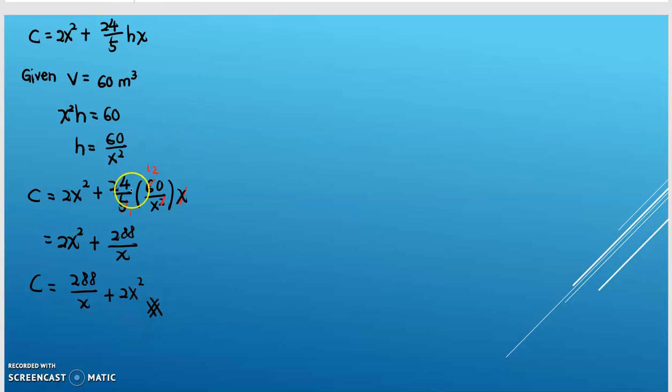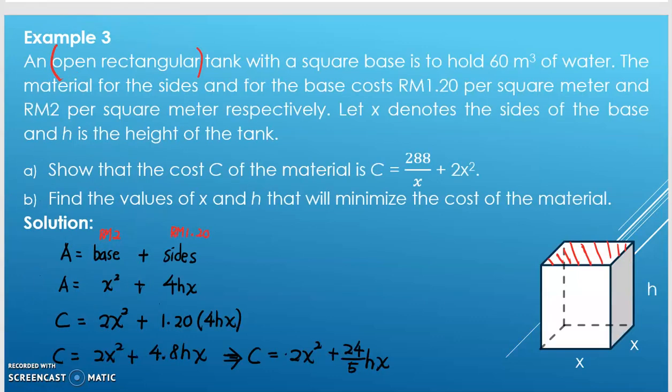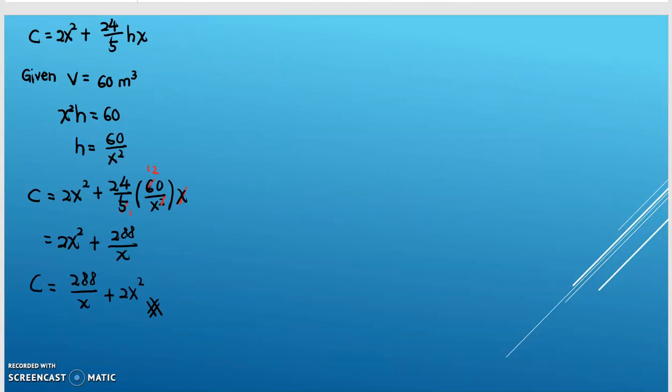So next, I will try to answer question (b). Find the value of x and h that will minimize the cost of the material. So I want to minimize the cost, which means that I have to differentiate. Before I differentiate, cost is equal to 288 x to the power of negative 1 plus 2x squared.